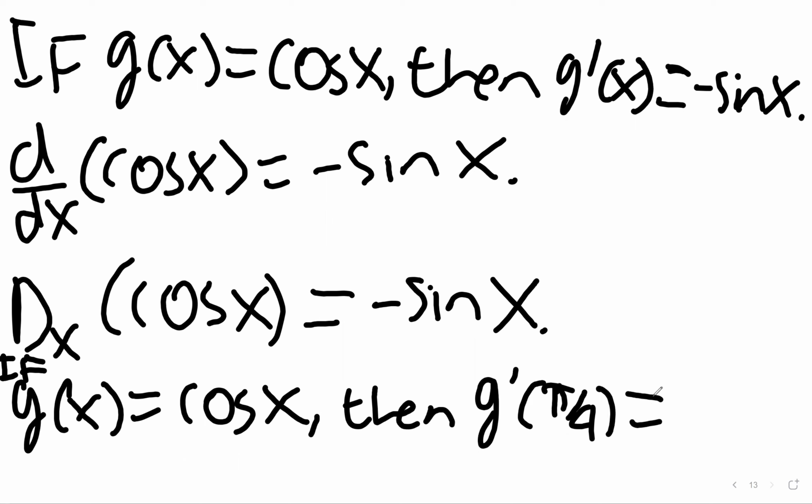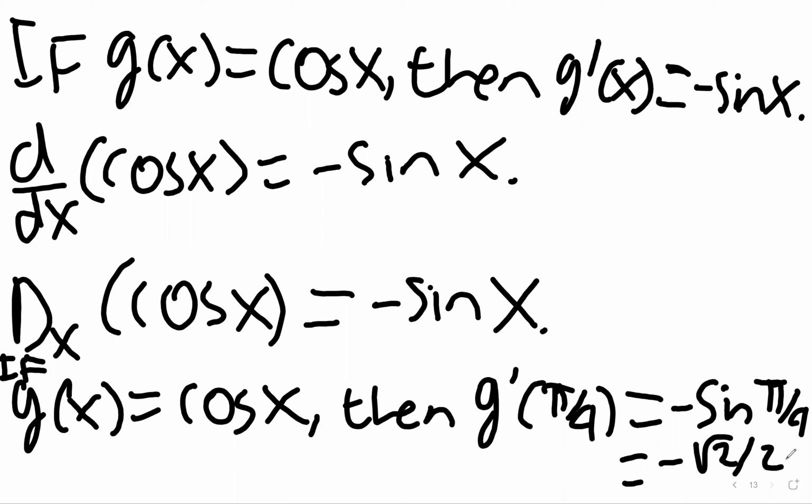Since the derivative of cosine of x is minus sine of x, the derivative at pi over 4 is simply minus sine of pi over 4. The value of sine at pi over 4 is square root of 2 over 2. So that will be minus square root of 2 over 2. That will be the result.